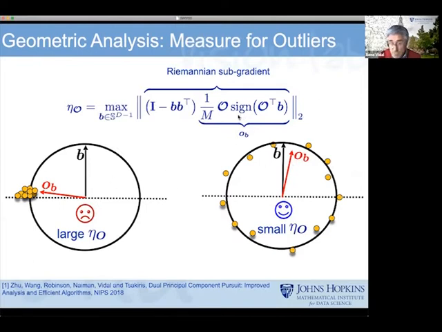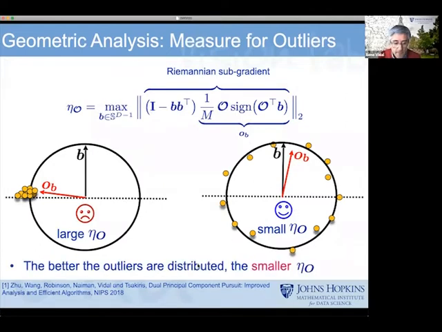Because of the sign pattern. It is a weighted average, but you always put the signs. Therefore, the weighted average will be aligned with the vector B. So in other words, if the outliers are well distributed, I cannot get eta O to be 0, while if the outliers are badly distributed, concentrated in a particular region, then I can get a small value for this quantity.